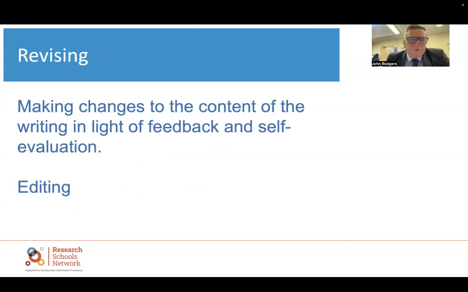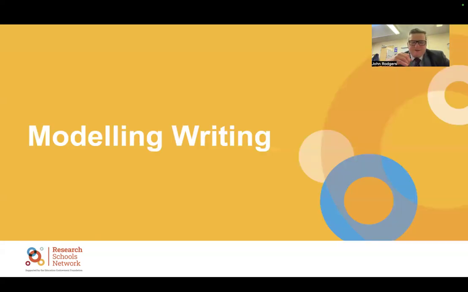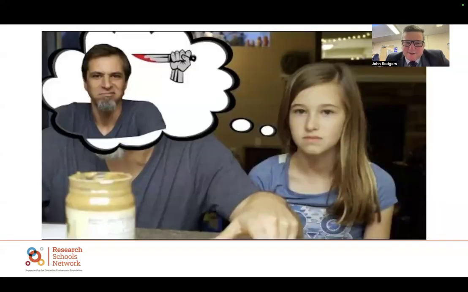And then when they come to revise and edit, making changes to the content of writing in the light of feedback and self-evaluation, they've got a structure which all of the students use because all of the staff are using it in different contexts. And again, for me, the benefit of that is that it slightly reduces the cognitive load for students because they recognize the language, they recognize the task, even though it might be a different subject. Because of the shared language, it's kind of the same.